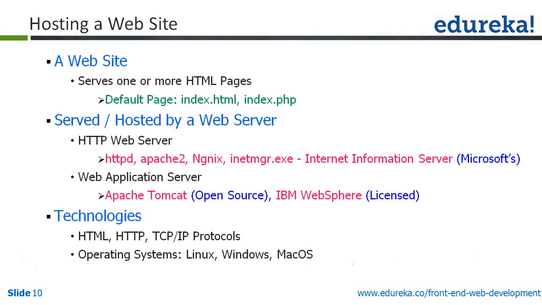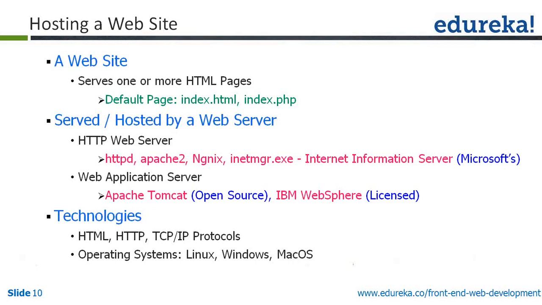Note that this page, index.html or index.php, will be served by a web server. Your web server could be HTTP daemon or Nginx or Microsoft Internet Information Server, or it could even be an application server like Apache Tomcat and IBM WebSphere.